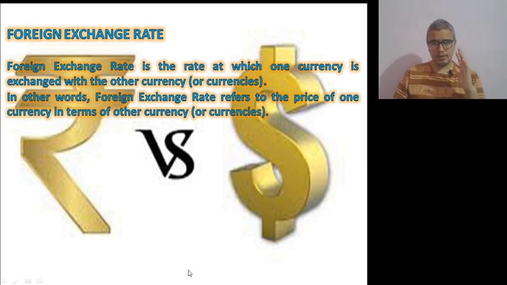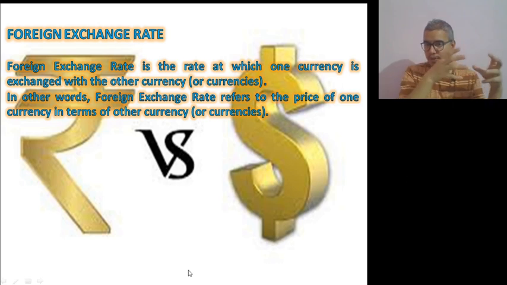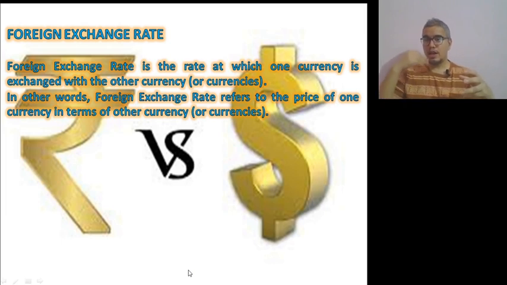For example, in the case of the goods market, what do we do? Whenever we purchase a certain good, let's say a cup of tea, then certainly we have to pay a certain price against that good. In the goods market, goods are bought and sold. In the case of the foreign exchange market, since foreign currencies are being bought and sold, goods will be replaced by foreign currencies. So whenever you are demanding a particular foreign currency, let's say the US dollar, then obviously you have to make payment for it.